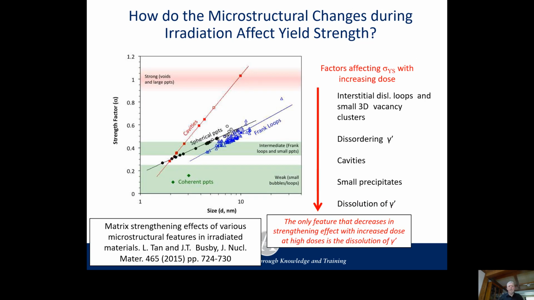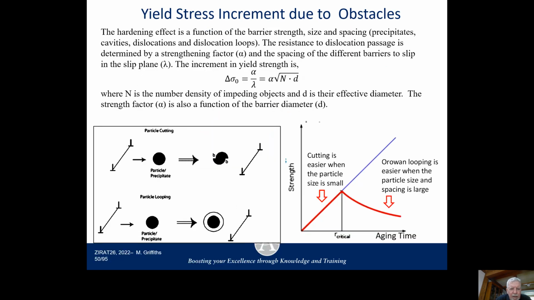Here's an example from Tan and Busby showing the quality factor, the size effect factor, that alpha strengthening factor, as a function of size. And what we're really talking about then is this part, in effect.